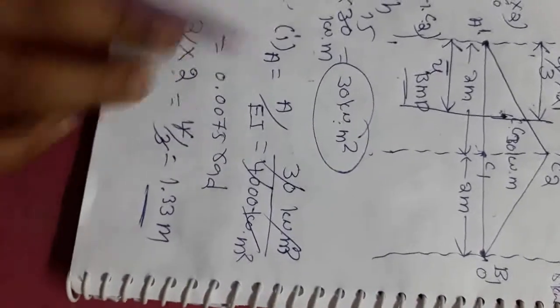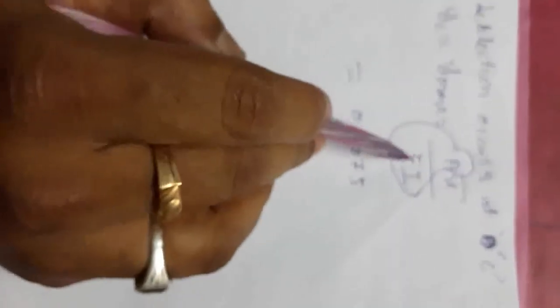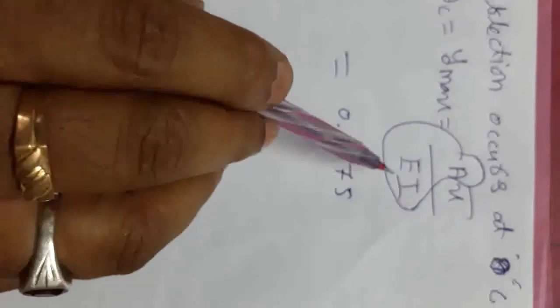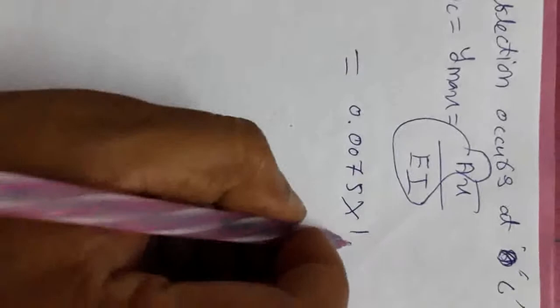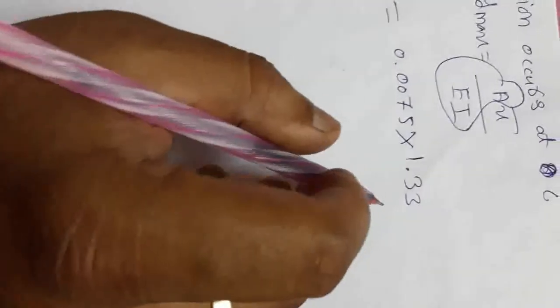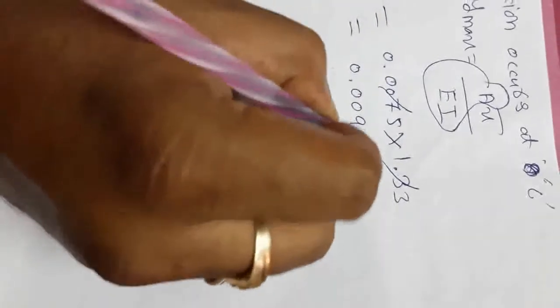So 0.0075 into x bar, which is 1.33. Multiplying both values, 0.009975 is the answer.